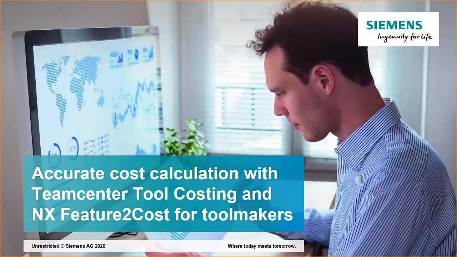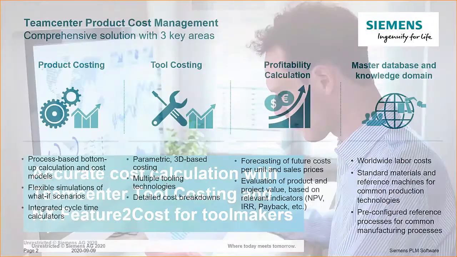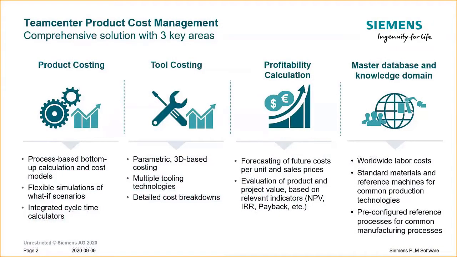Perfect, thank you very much. So, accurate cost calculation with Teamcenter tool costing and annex feature to cost for tool makers. This slide shows you the three major capabilities that we offer with Teamcenter product cost management: product costing, tool costing, and profitability calculation. Teamcenter product costing provides an enterprise-wide platform for creating and managing calculations and captures the company's internal costing expertise centrally.